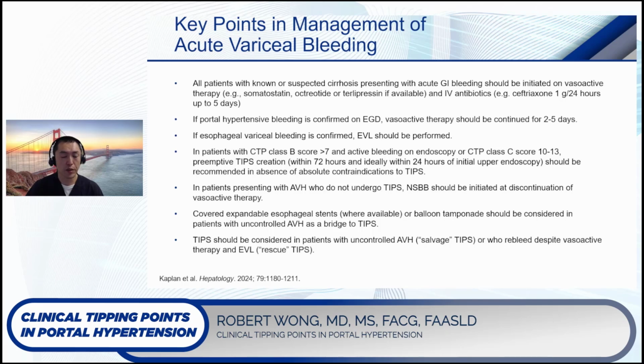We're going to talk a little bit more about TIPS in some of the subsequent slides, but in situations or centers where there are expertise, esophageal stenting or balloon tamponade can be considered as a bridge to TIPS for those who have uncontrolled hemorrhage despite endoscopy.